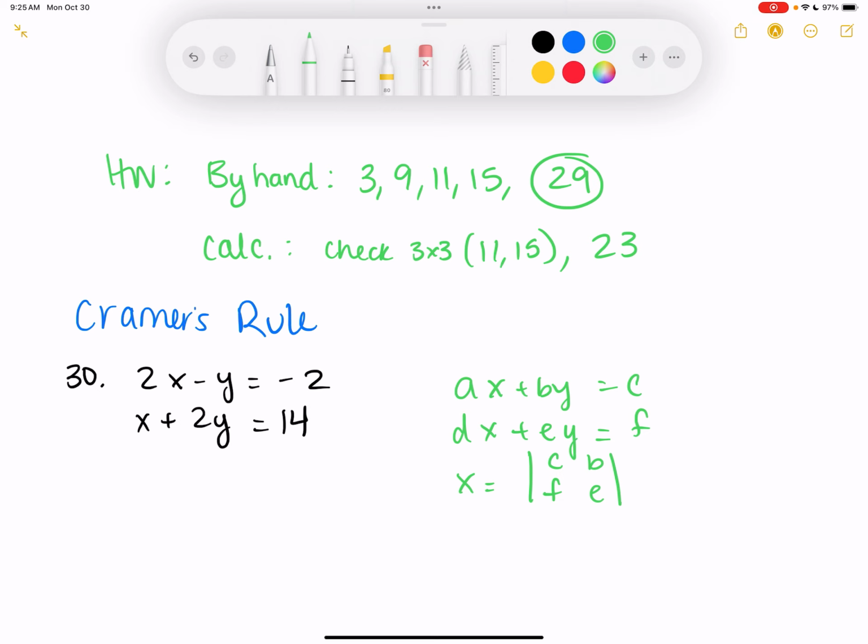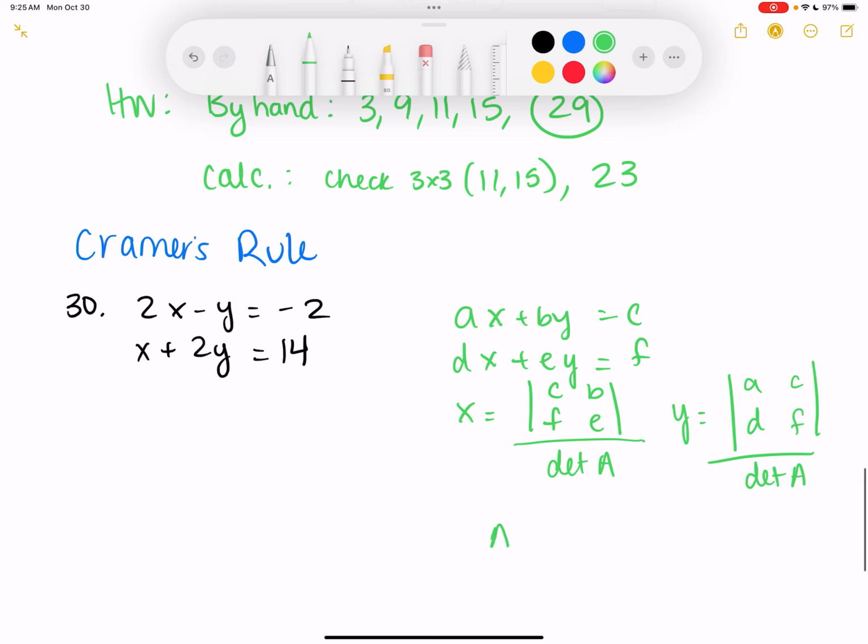This is all going to be over the determinant of A. Y is going to be A and D this way, and then C and F over here, over the determinant of A. And A is going to be the coefficient matrix, so that way you have that in front of you.